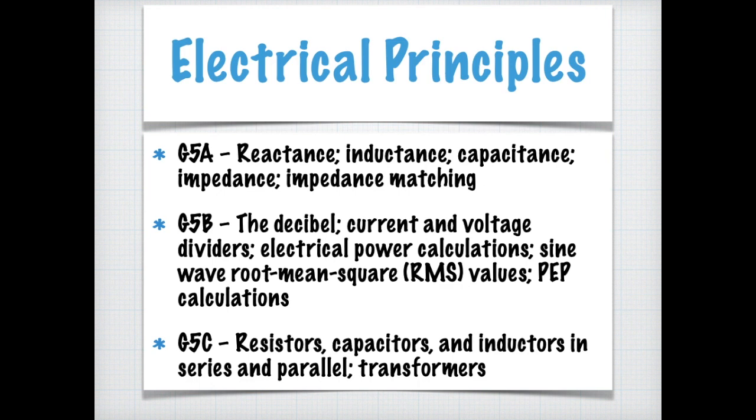We're going to be covering reactance, inductance, capacitance, impedance matching, the decibel, current and voltage dividers, electrical power calculations, sine wave root mean square values, peak envelope power calculations, resistors, capacitors, and inductors in series and parallel, and transformers, and how to calculate it all.